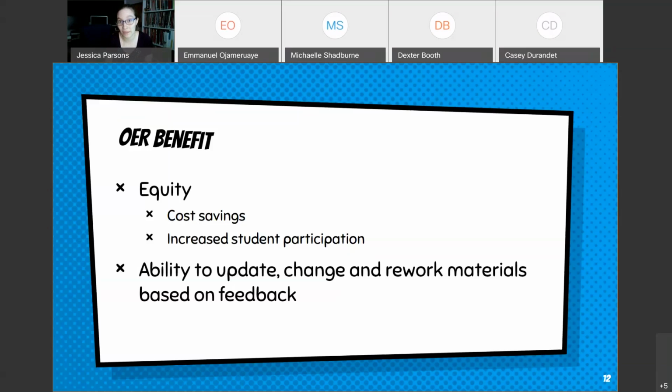What does that mean for PVCC? Well, if we can cut down on the amount of textbooks and access codes that students have to purchase, they might be able to add another class to their semester. And that means a lot, especially for humanities or other areas or elective classes that might have trouble filling up.